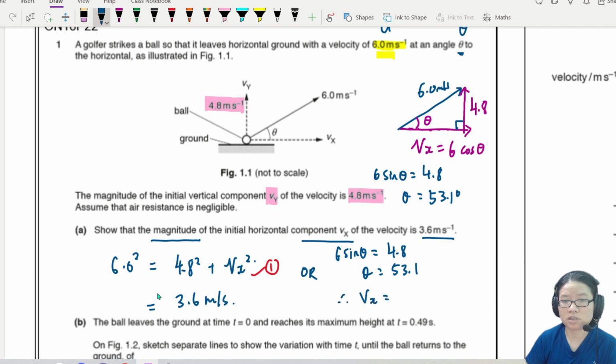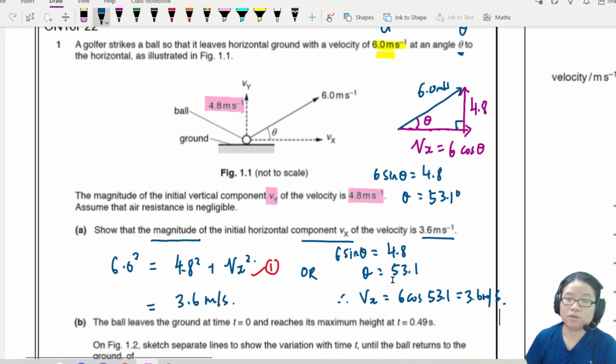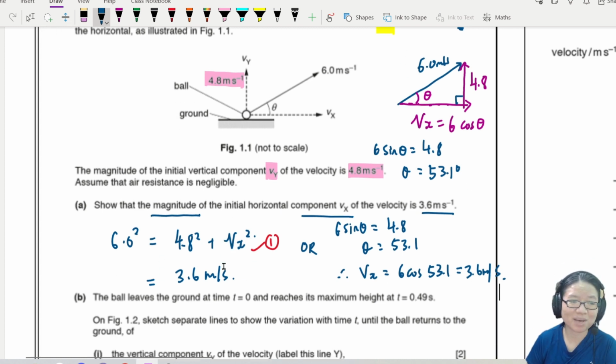Hence Vx is equal to 6 cos 53.1, and this should give the same answer or close to it, 3.60, so 3.6 meters per second. It's up to you whether you want to find theta and then use 6 cos theta, or use Pythagoras. Okay, moving on to B.